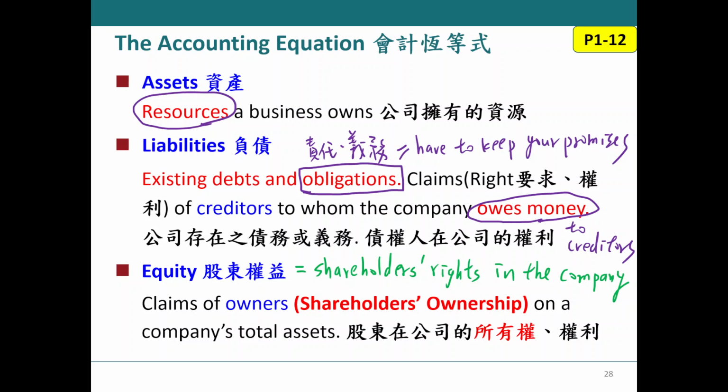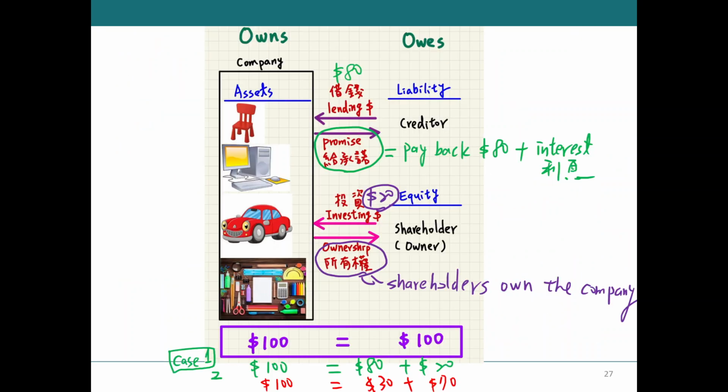For the company, not everything belongs to the shareholders, right? Don't forget, some part of the company is not shareholders'. Whose is it? For the whole company, some part does not belong to shareholders. Liabilities means what?